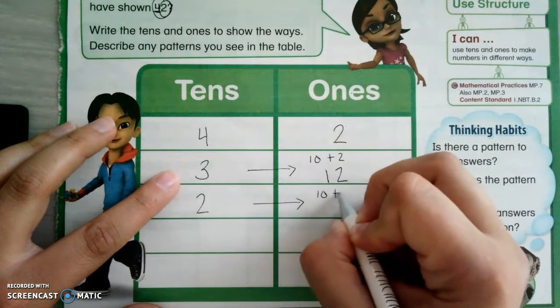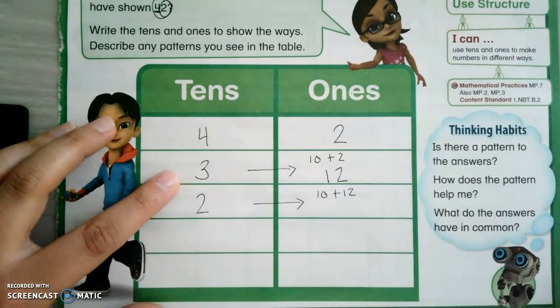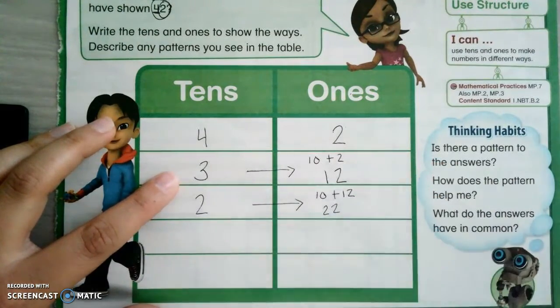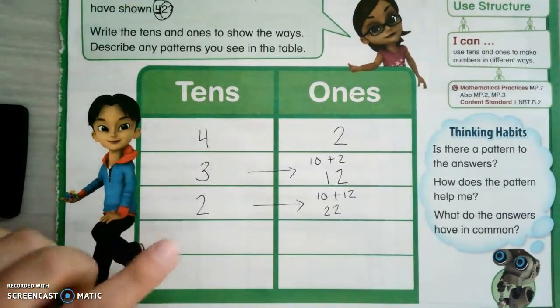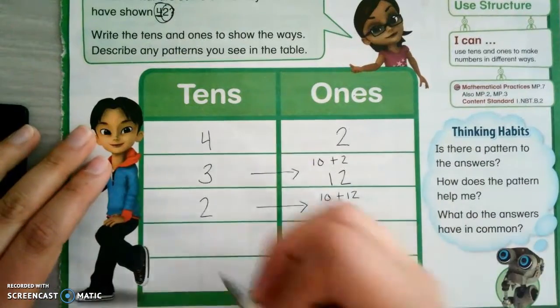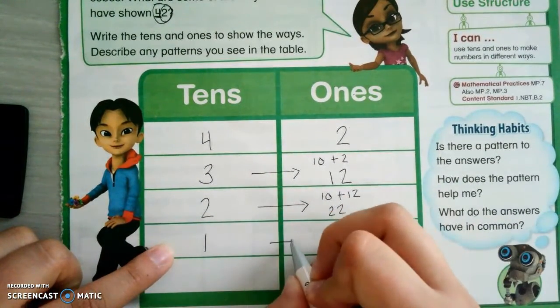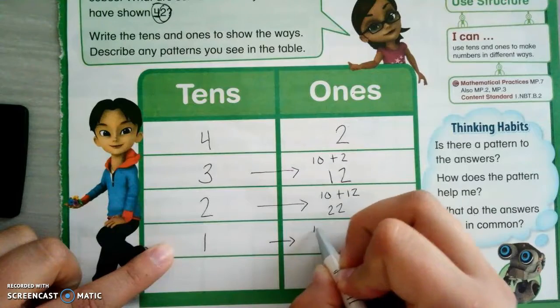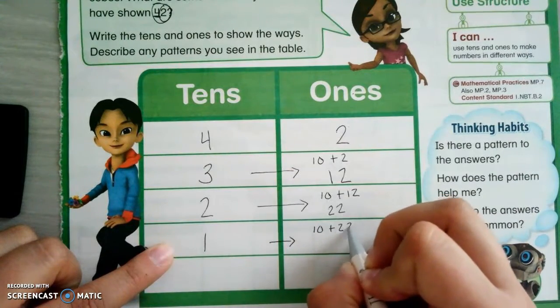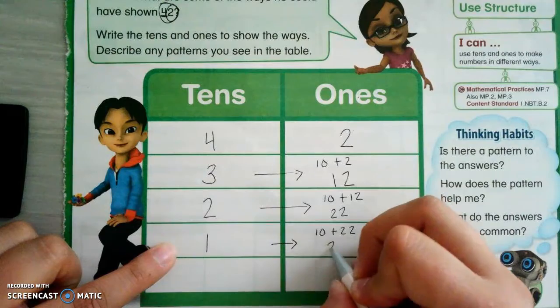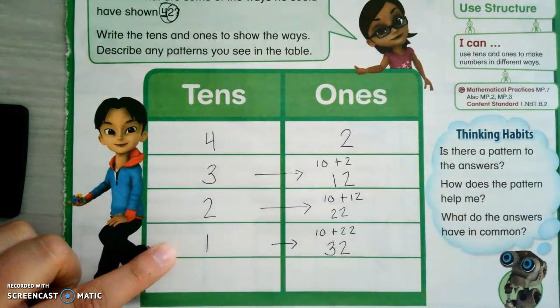So now it becomes 10 plus 12. 10 plus 12 is 22. All right, I'm going to steal another 10, and I'm going to make it only one 10 on this side. And I'm going to move the 10 over here, so it's going to become 10 plus 22. And I know that that's 32.